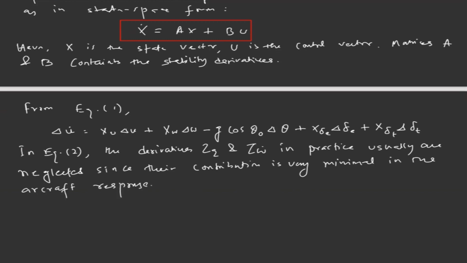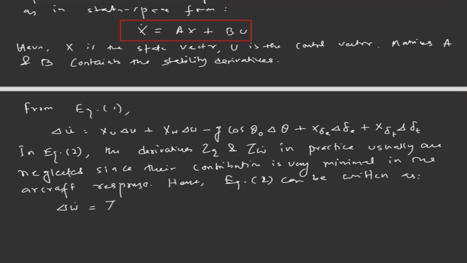Hence, equation 2 can be written as capital delta W dot, the rate of change of velocity in z direction.